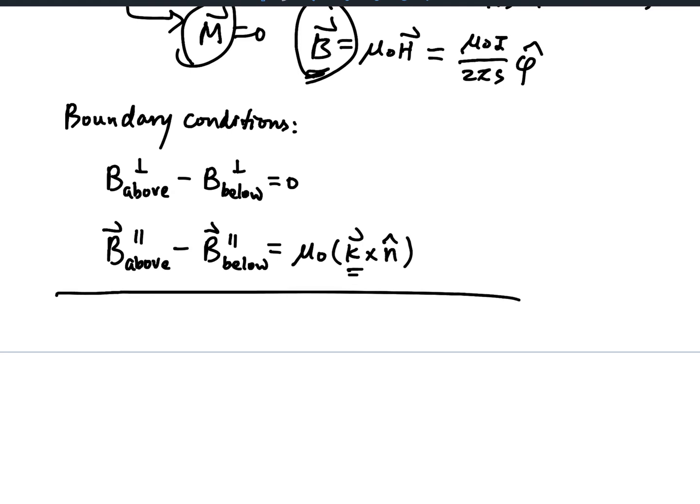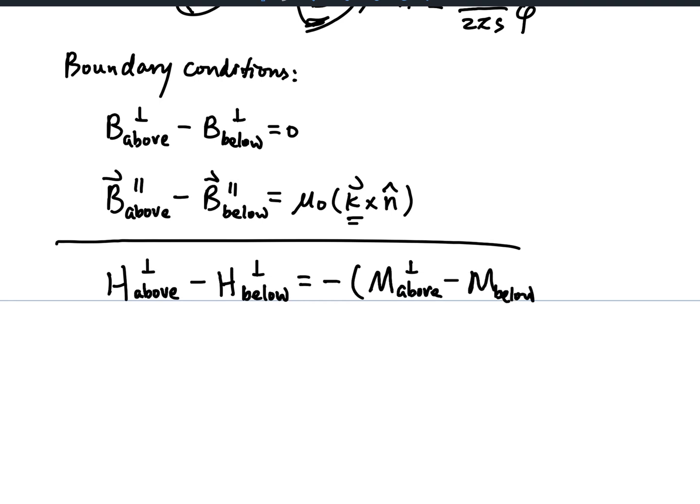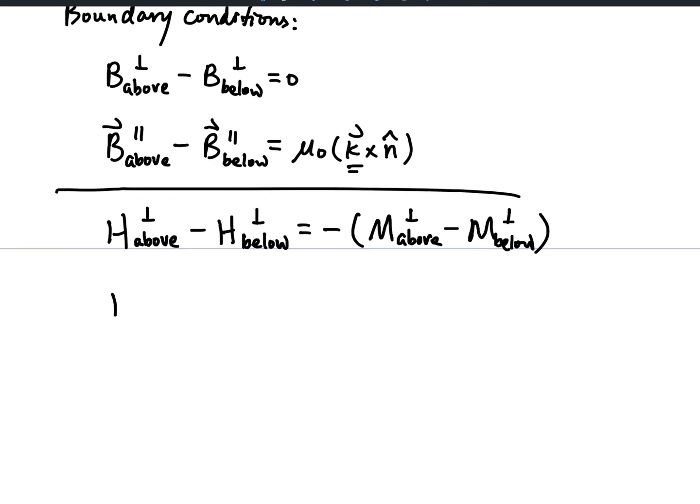Now if we have a material that is magnetized, we need to consider that effect. So H above minus H below for the perpendicular direction equals minus M above minus M below, also for the perpendicular component.